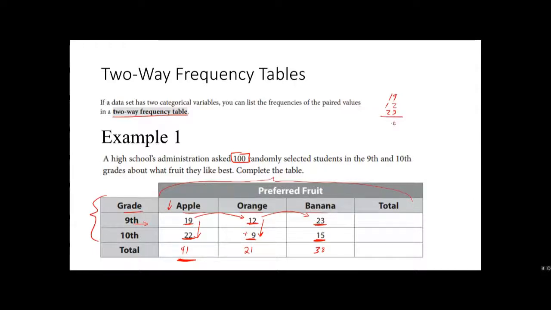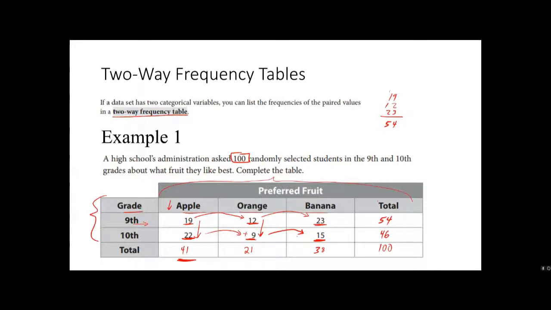So I get 54 kids in ninth grade voting for this. Now, again, we have 100 kids total. And you could add up all your votes from your 10th graders if you want. Or if you want to do some just quick math, what's 100 minus 54? And you should be like, oh, it's 46.